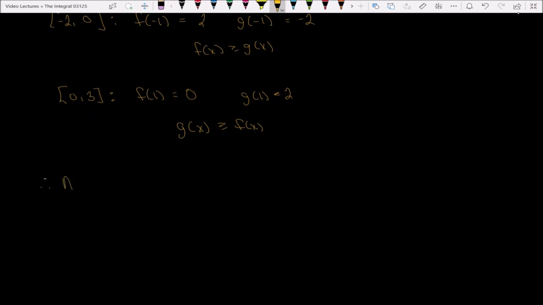Therefore, the area will be the integral from -2 to 0 of f of x minus g of x, then plus the integral from 0 to 3 of g of x minus f of x.